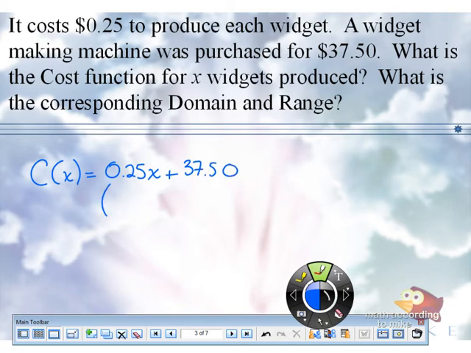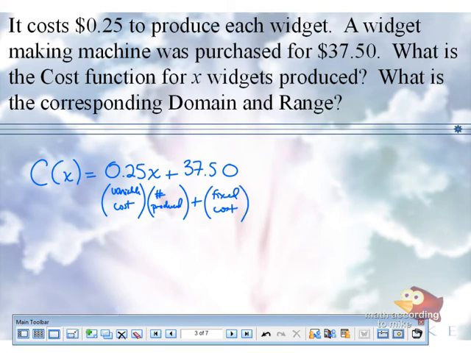So remember from chapter 1, variable cost, you might have also seen that as marginal cost times the number produced plus the fixed cost. That's your basic formula for your cost function.